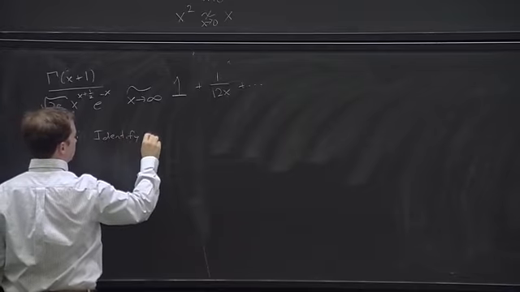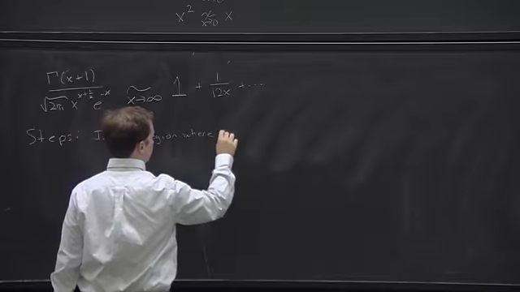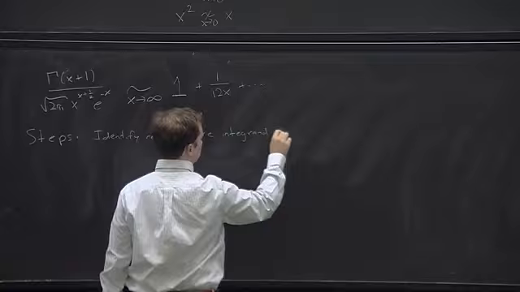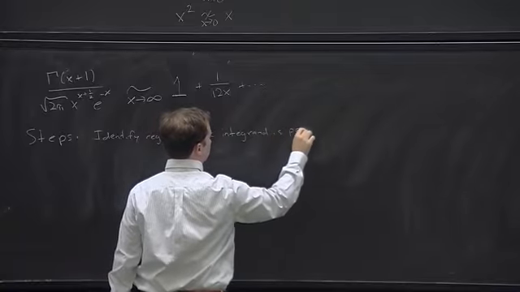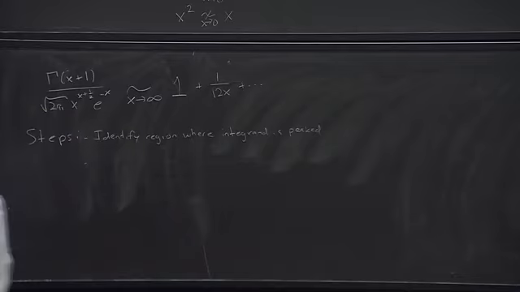Identify the region where the integrand is highly peaked. Then we turned the integrand into a Gaussian integral: we approximated the integrand with a Gaussian near the peak.